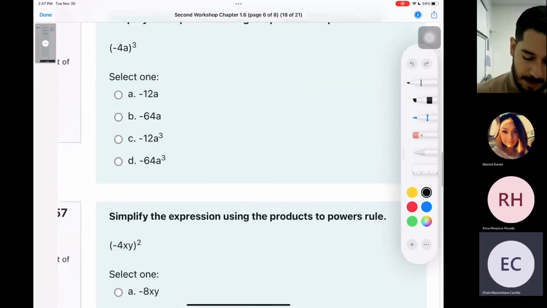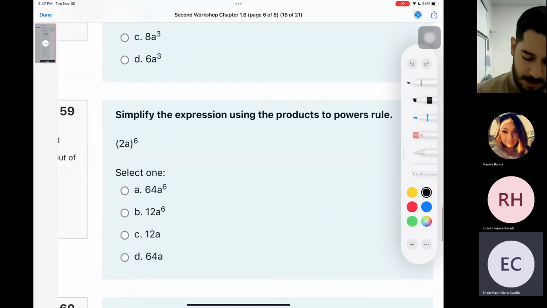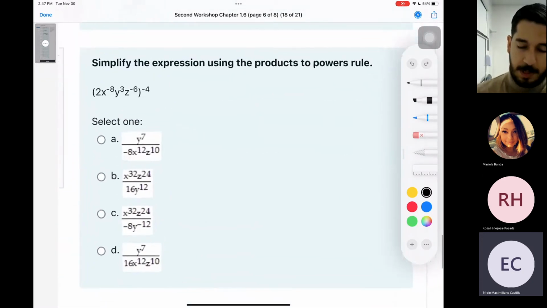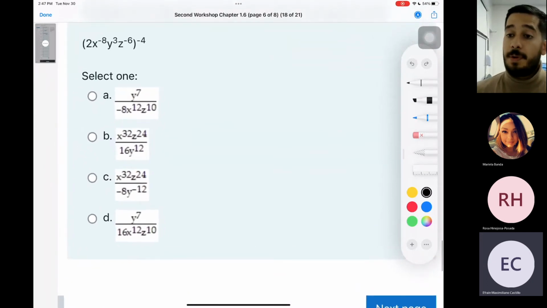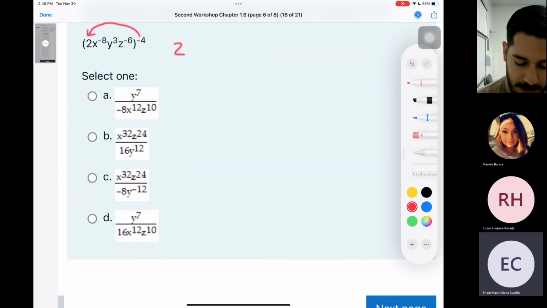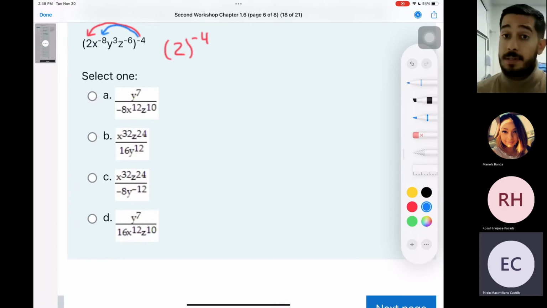Let's see if I can have something a little bit more complicated. Sure, why not? Okay. If you have an exponent outside the parentheses, this has to get distributed to every single thing inside the parentheses. Okay. So this exponent of negative 4 is going to go to the 2. That's 2 to the power of negative 4. It's also going to go to the x. It already has an exponent. Doesn't matter. You know how to deal with variables with two exponents.